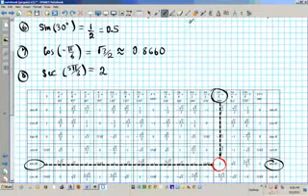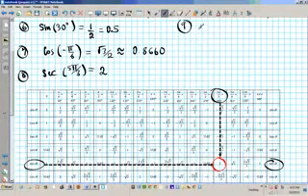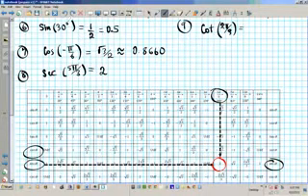So number 9, we're going to try and find cotangent 2 pi over 3. Okay, so what is cotangent 2 pi over 3? Let's see, where's cotangent? There goes cotangent right there.